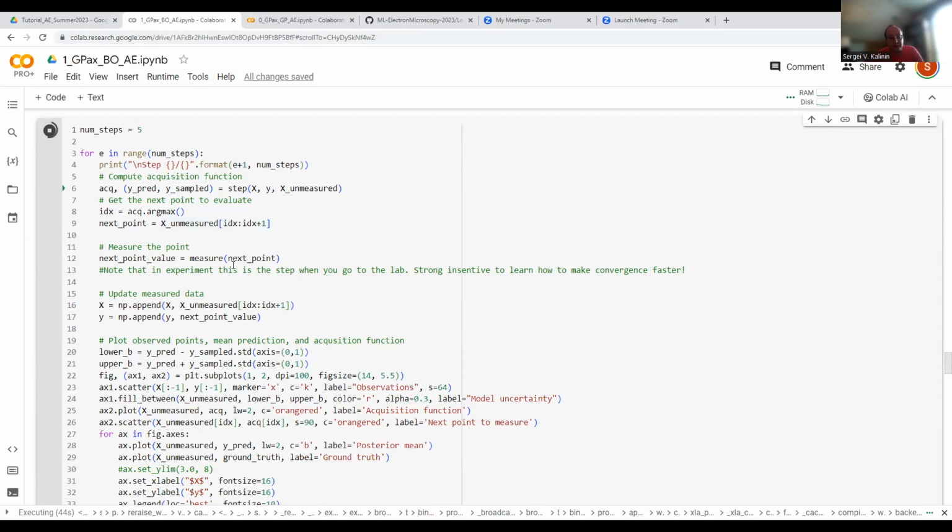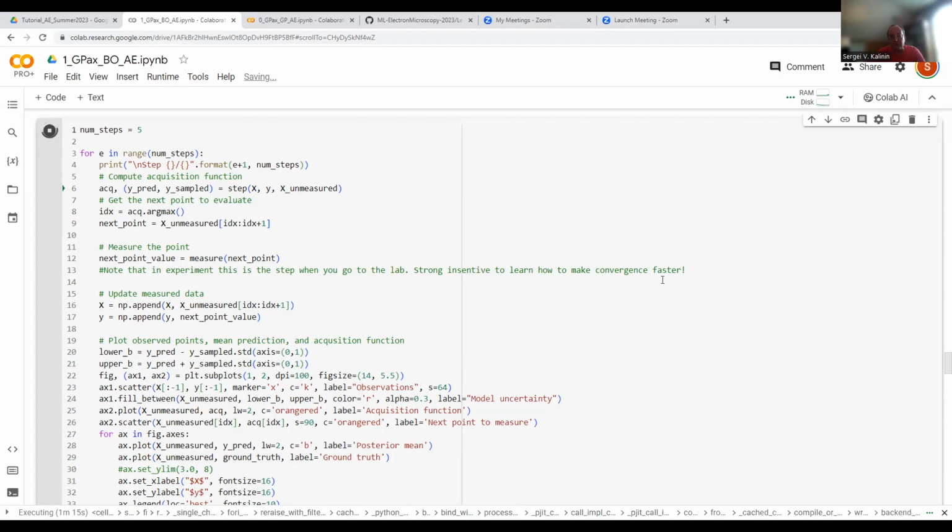Then we measure the next point. This returns our next value. Notice that here we simply evaluate our ground truth function and add noise. In an experiment, this is actually the step where you go to the lab. The reason why it is a good idea to run these simulated experiments is to figure out how to tune the models in such a way as to make the convergence faster.